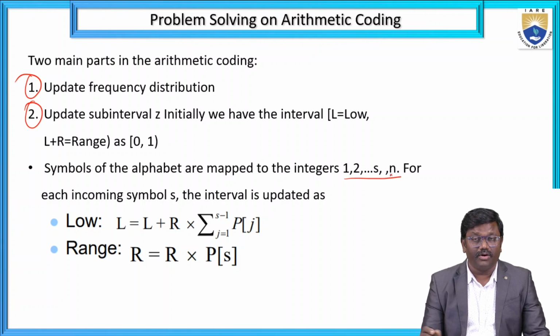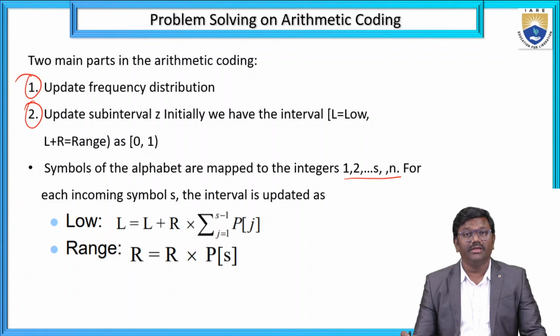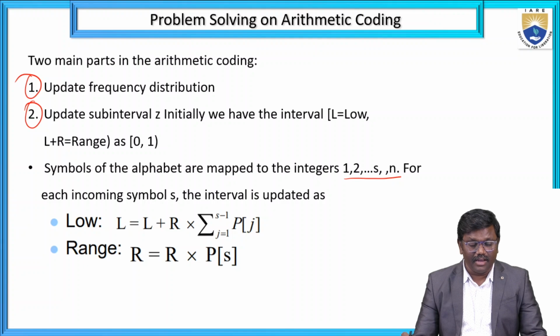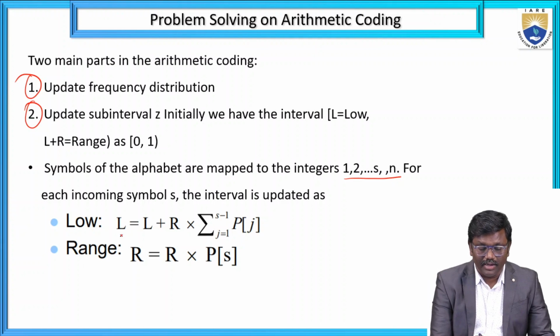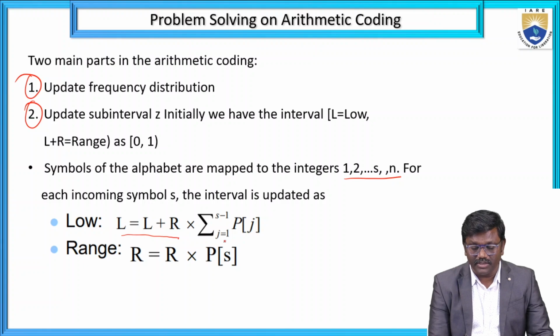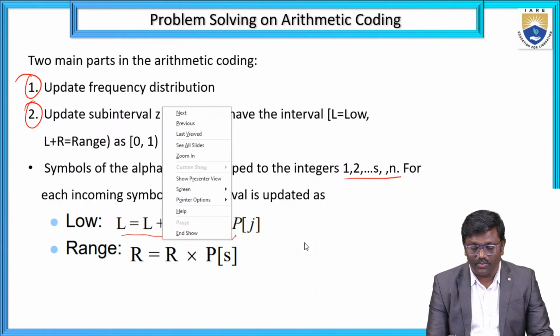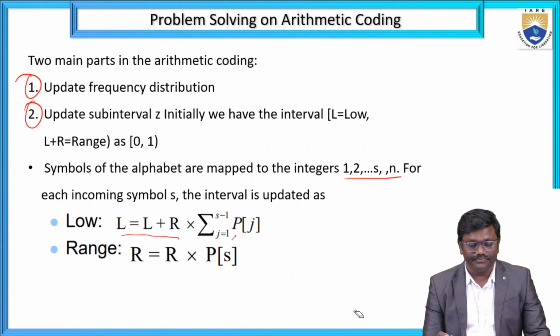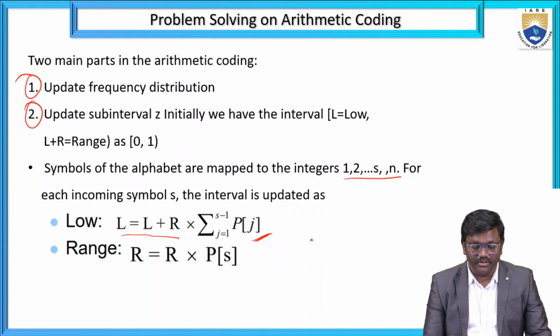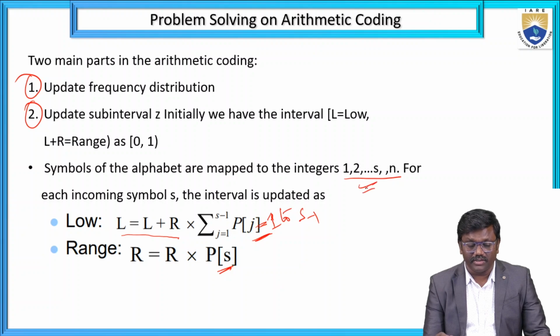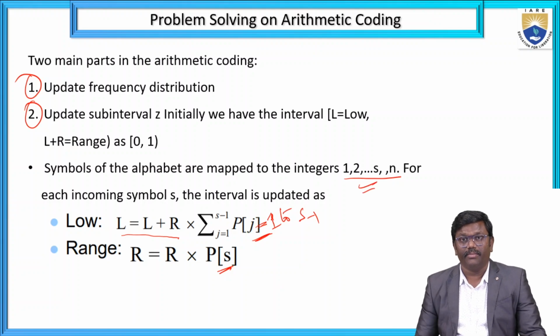For each incoming symbol S, the interval is updated as L equals L plus R times the summation over j equal to 1 to S minus 1 of P of j, the probability of j. The range becomes R equals R times P of S, where P of S is the statistical value you are using.